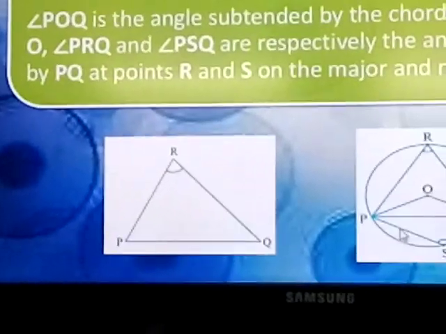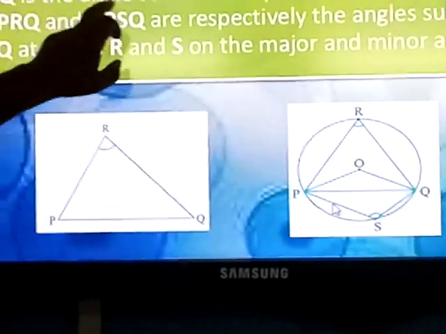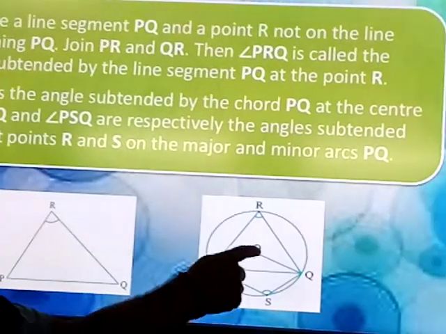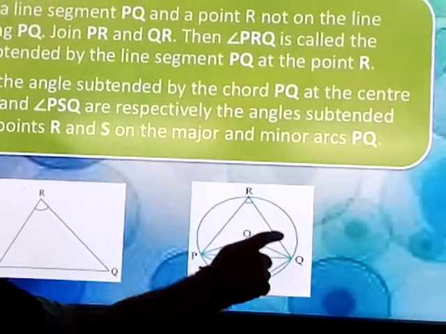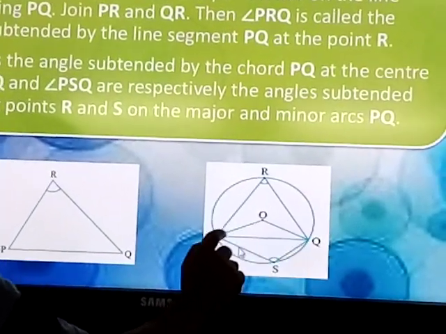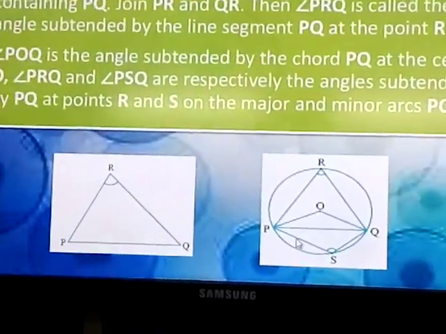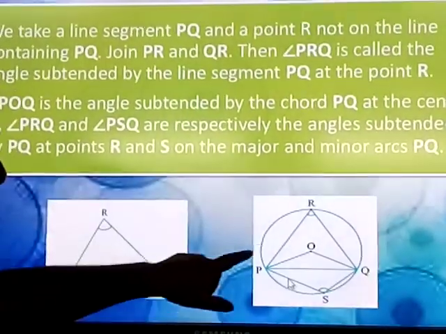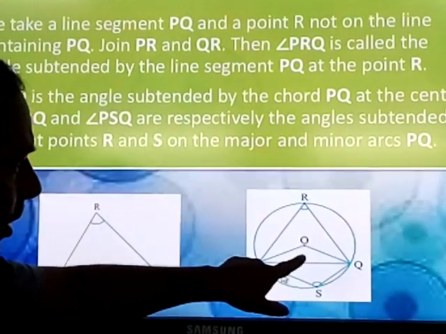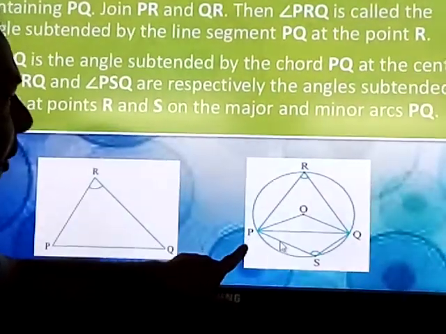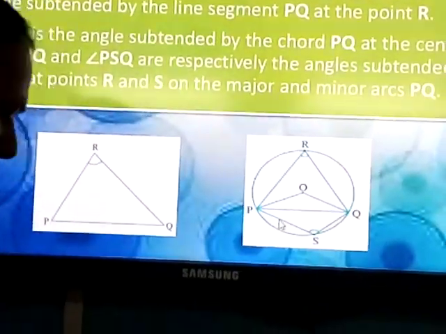POQ is the angle subtended by the chord PQ at the center, and this angle PRQ is the angle subtended by the chord at the circle. We discuss a relationship between these two angles. Angle PRQ will be half of angle POQ.